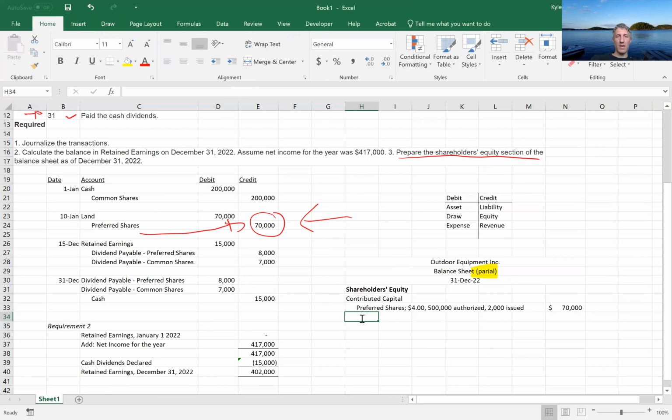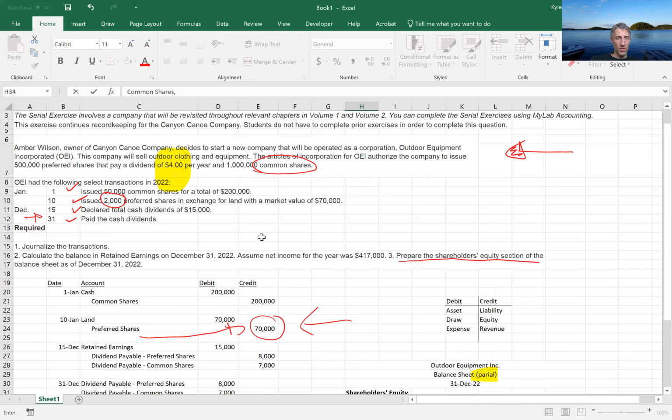Then what will come next is the common shares. There's no fixed dividend for common shares, so I don't give the dividend rate. All I'm going to be highlighting here is what's been authorized and issued. That's the quantity of shares, the number of them. So looking back, they have 1 million common shares authorized, and they issued 50,000 shares on the 1st.